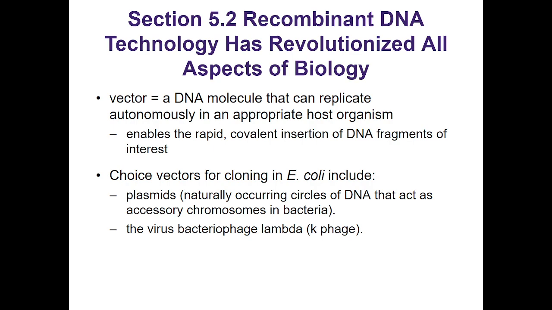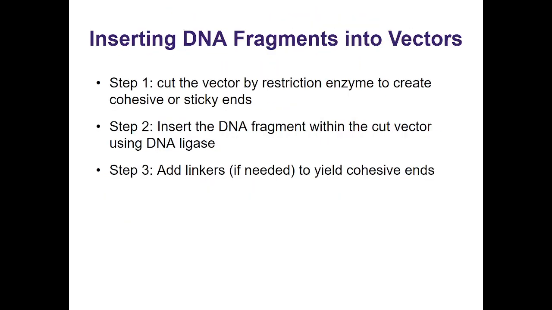These are naturally occurring circles of DNA that act as accessory chromosomes in the bacteria. The virus bacteriophage lambda, which is abbreviated as lambda phage. E. coli is very, very common to incorporate these recombinant DNA strands into, because it grows very easily and it's well understood how to maintain it. Okay.